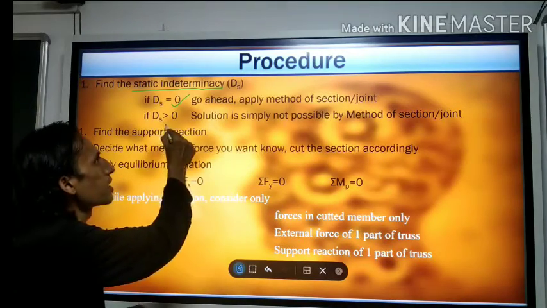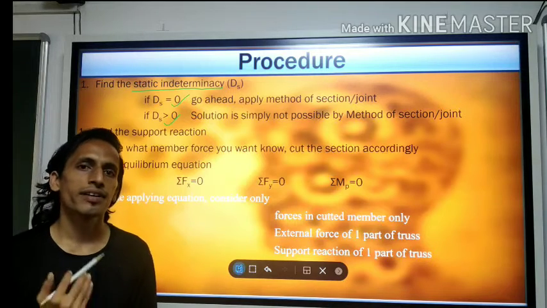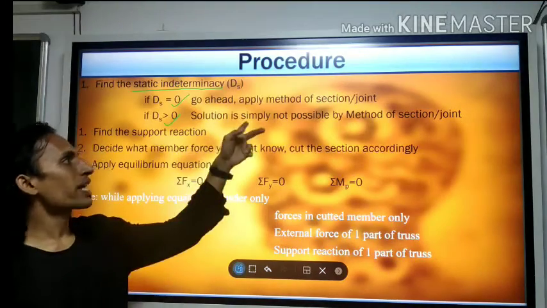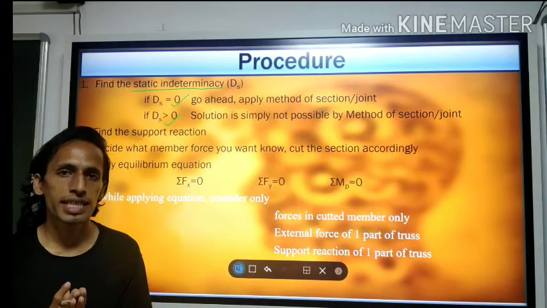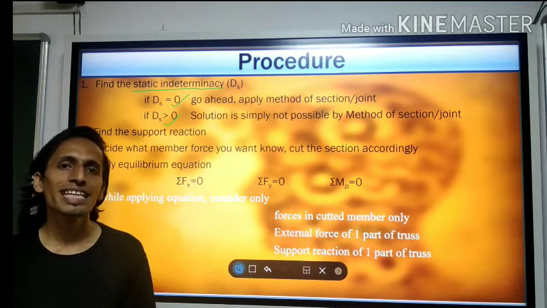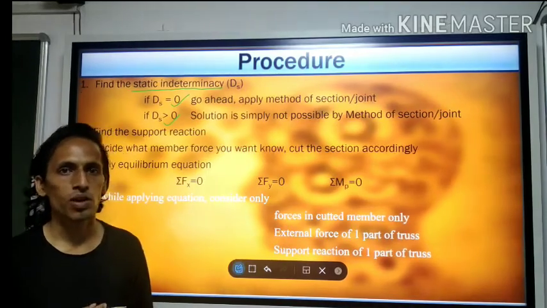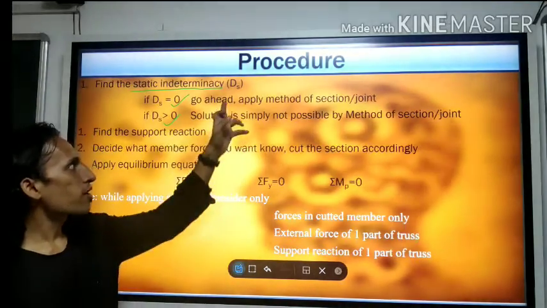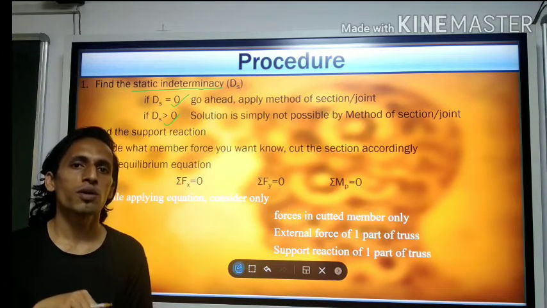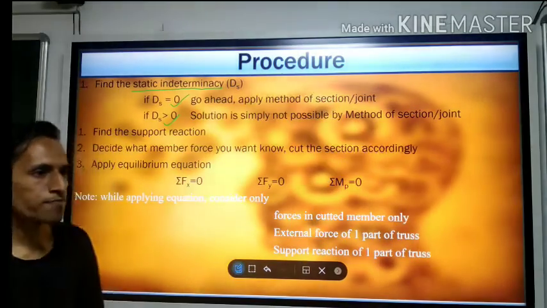If the degree of static indeterminacy is not 0 and is greater than 0, maybe 1, 2, 3, then you cannot solve them by use of equilibrium equations only. You need some extra method to solve this kind of problem. So you must be sure whether you can apply method of section or method of joint, then only you should proceed.